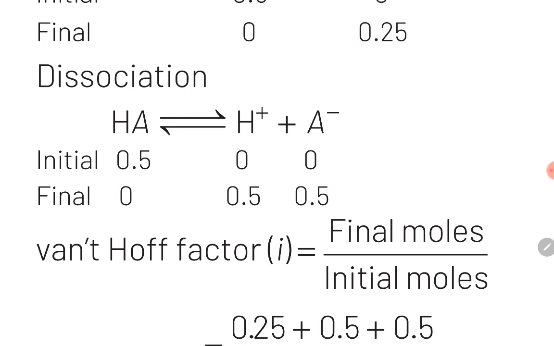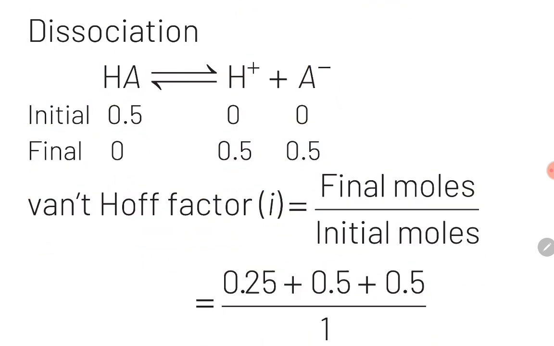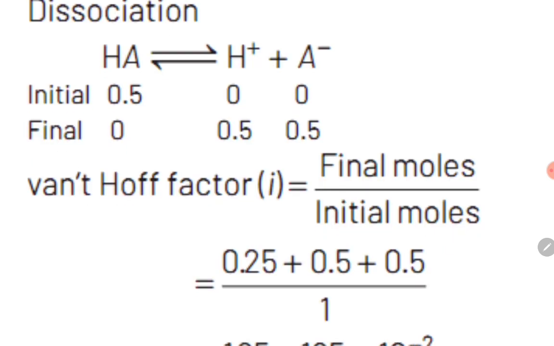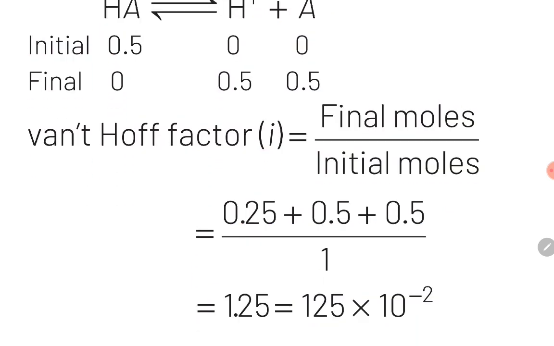When 0.5 moles of HA dissociate, we will obtain 0.5 moles of H plus and 0.5 moles of A minus. So total number of moles after dissociation will be 0.5 plus 0.5, which is of ions. So in total, Van't Hoff factor can be calculated by using the equation total final number of moles divided by total initial number of moles.